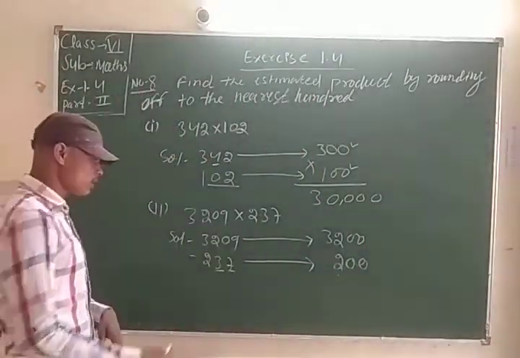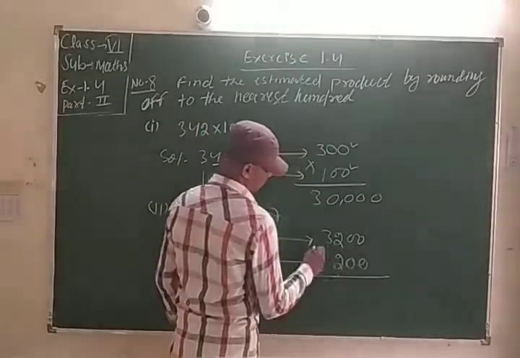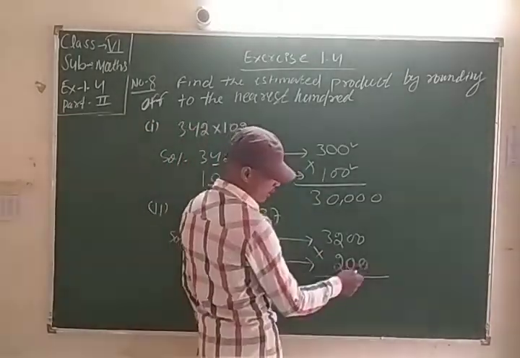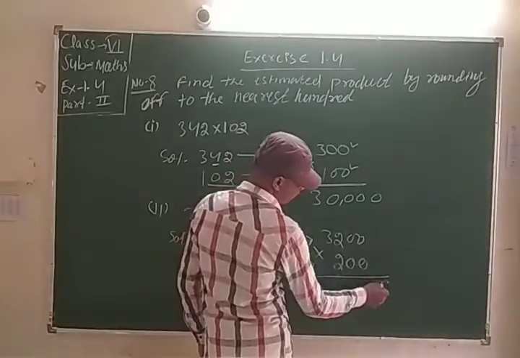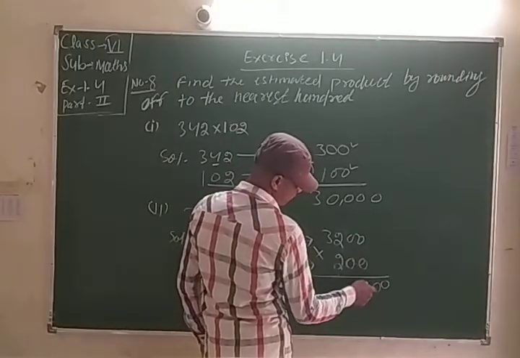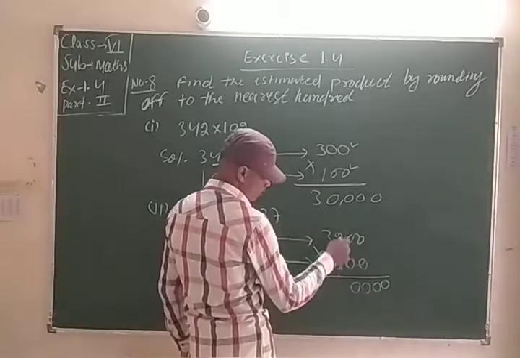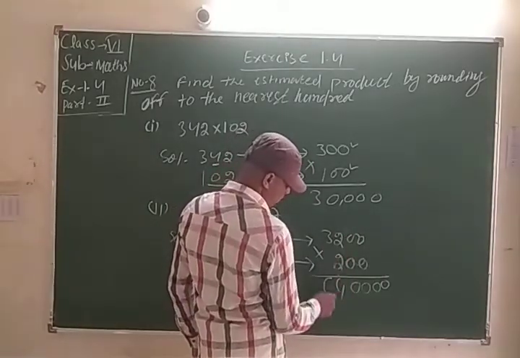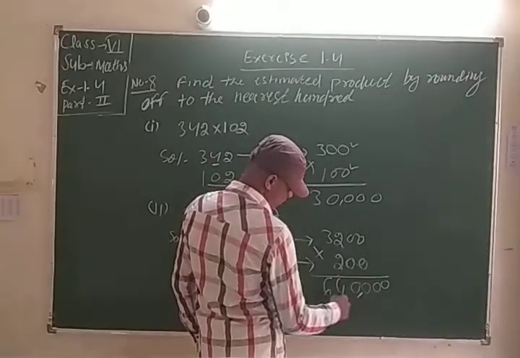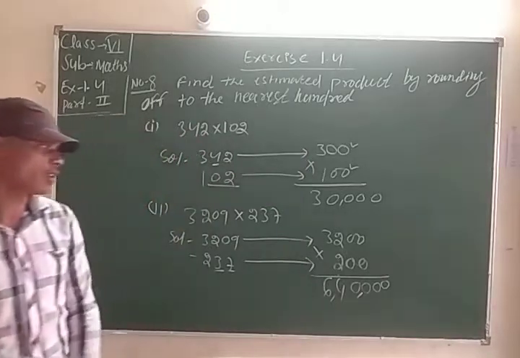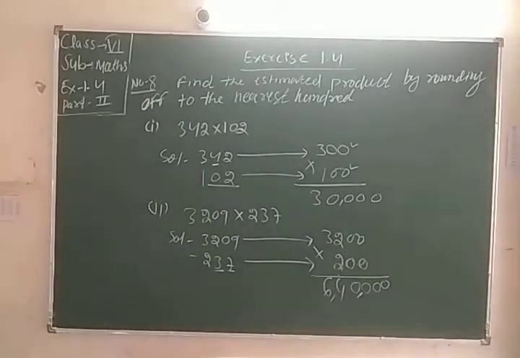So here how many zeros are there? 1, 2, 3, 4 zeros. Then 2 twos are 4, 2 threes are 6. The answer is 640,000 rounded. Clear about this? Okay.